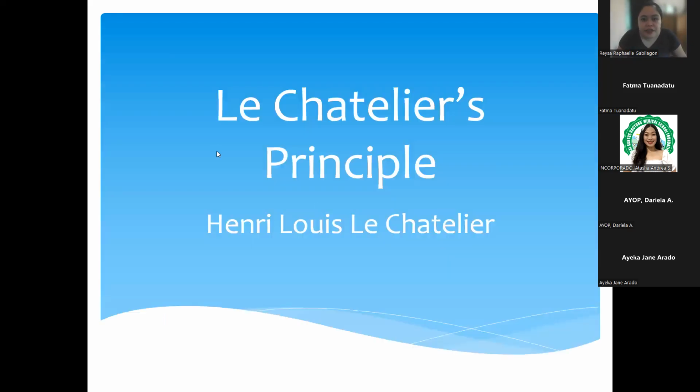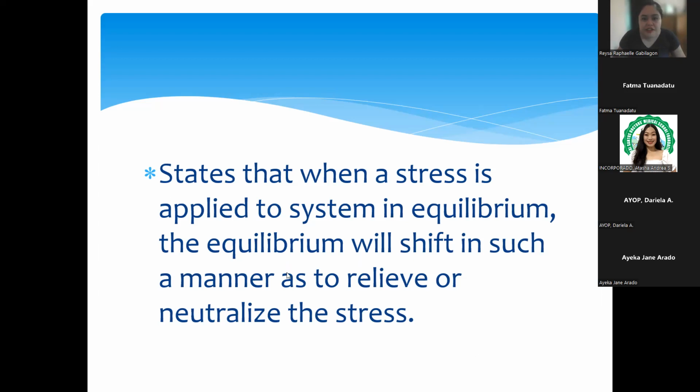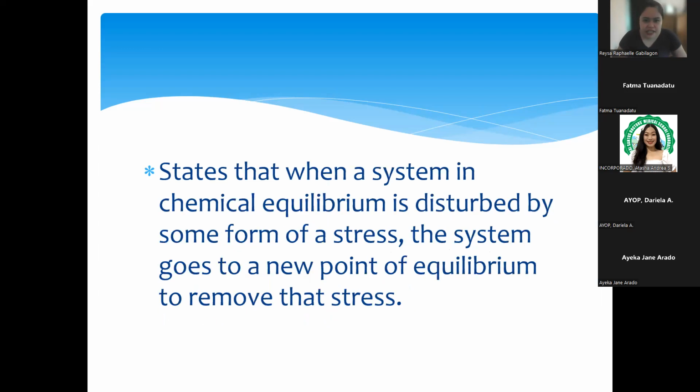Okay, sige. So we have the same definition, talking about how the system will shift to the direction wherein it can neutralize the stress. So ito din naman parehas lang yung kanyang sinasabi.